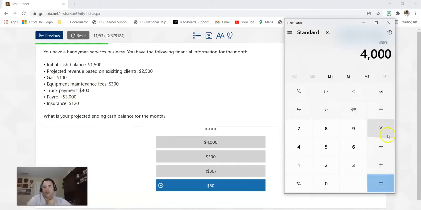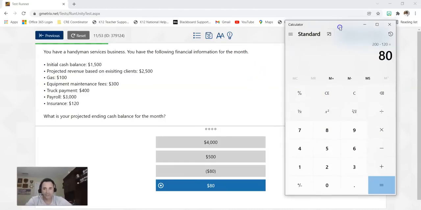Then we have to subtract our expenses, which is gas, equipment rental fees, our truck payment, our payroll, and our insurance. And that equals $80. Make sure when we're using the calculator, we don't hit the buttons twice, because two negatives equals a positive, and it'll mess up your answer. But the answer is $80.